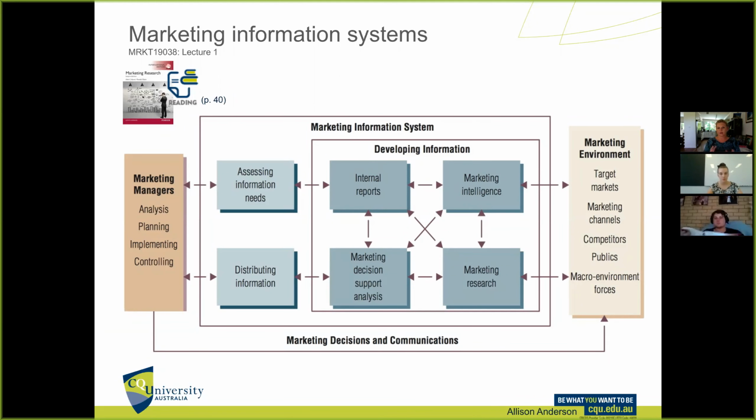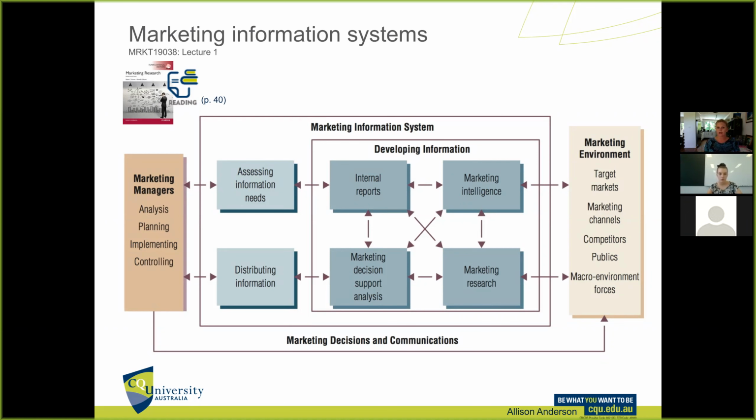The developing information section within there is the bit: how are we getting this information, where are we creating it from? We've got to assess the information needs, and we've also got to distribute information to the people who are making decisions. And to do this, we need to develop information through internal reports, which is stuff that we already have, like monitoring at the point of sale and all those sorts of things.